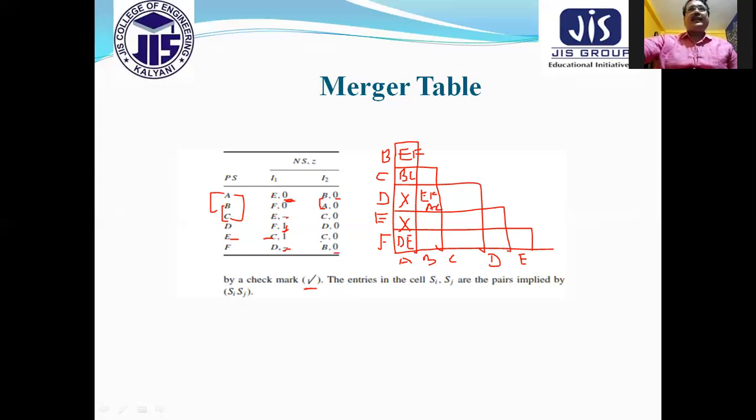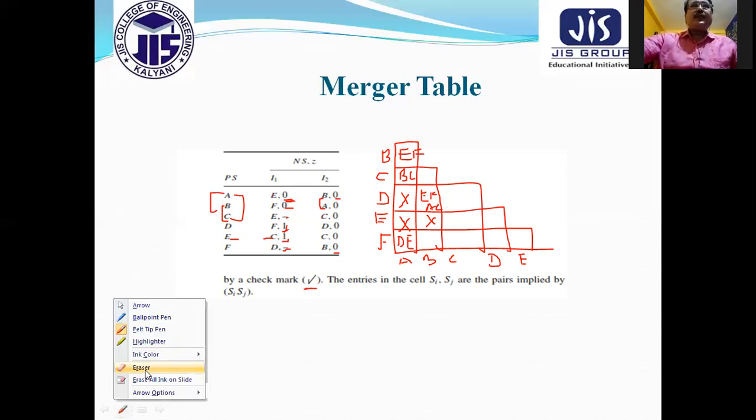Now B and E we have to check. Here 1, here 0. So again it will be not the correct one. Actually, there is some mistake here. Oh, sorry.